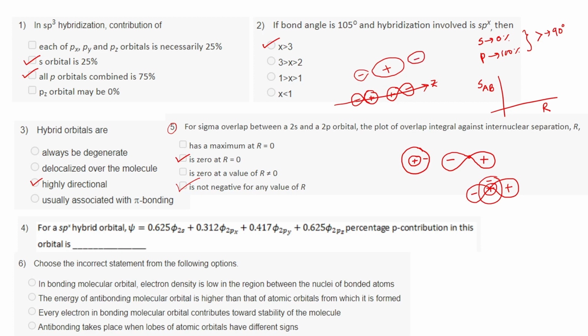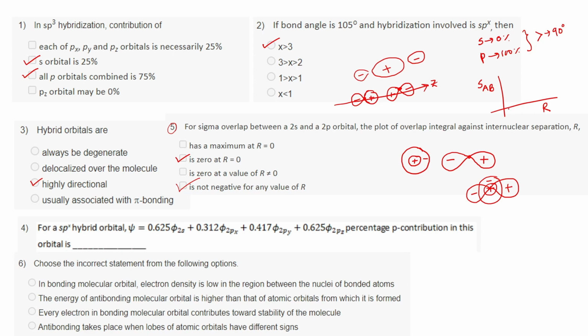So when the internuclear distance is 0, it means the two nuclei are on top of each other, so r is 0. At 0 you see the overlap is also 0, plus is with minus and plus is with minus, so overlap is 0.